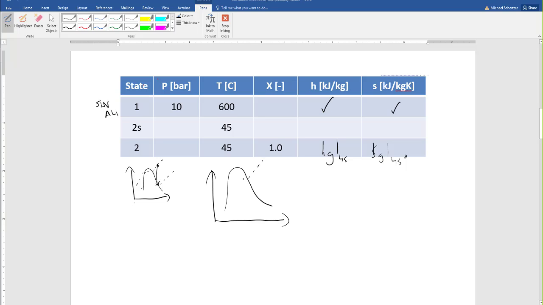Here, if I draw this a little bit better, here's my high pressure. The other thing I know is a temperature, right? Here, I know that this is state 2. State 1 has to be over here, because it's got to be up and to the left. So if I do a vertical line down, state 2S has to be here.